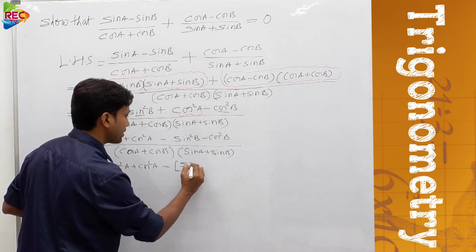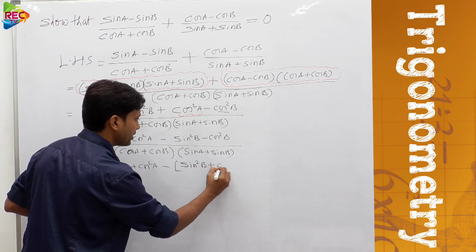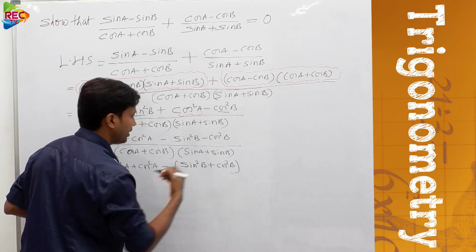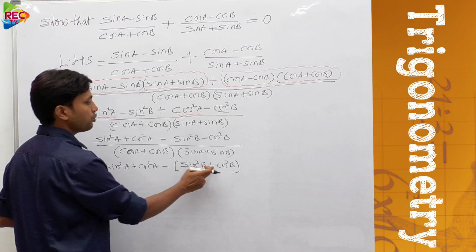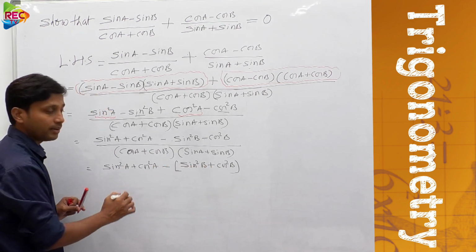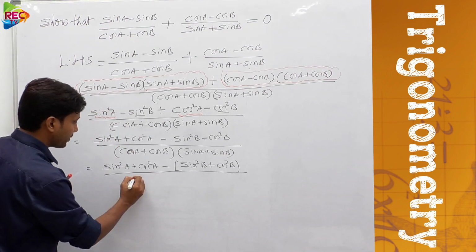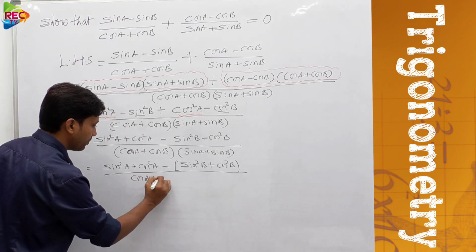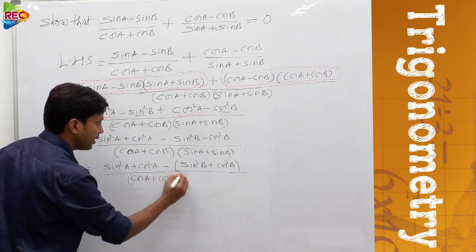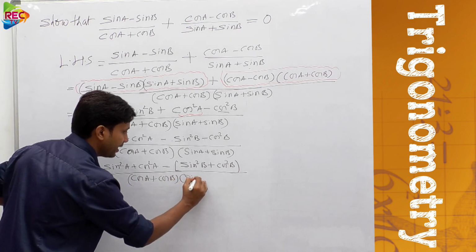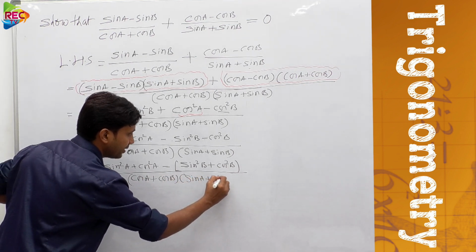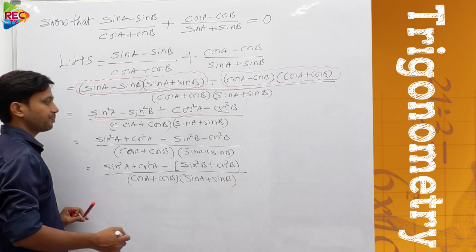So that would be sin square B plus cos square B. Understood? Both minuses are converted to plus as we took minus in common. Into, so by cos A plus cos B into sin A plus sin B.